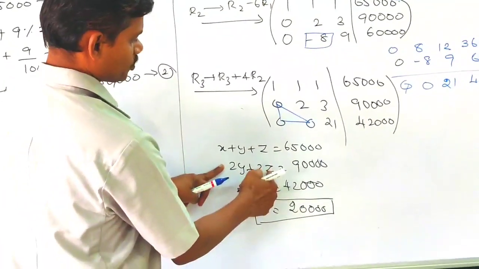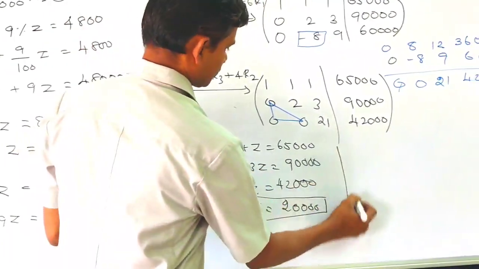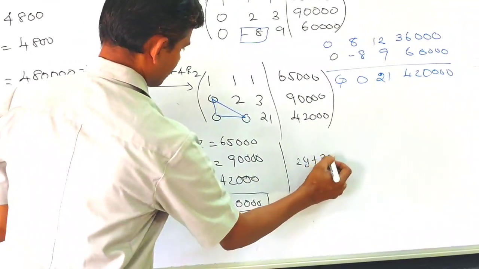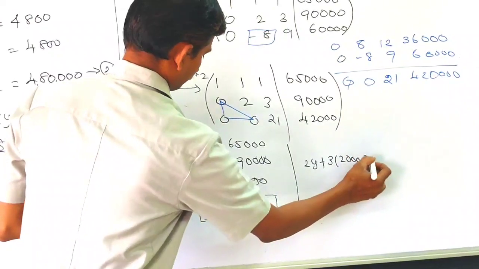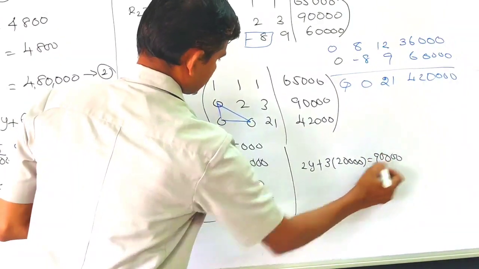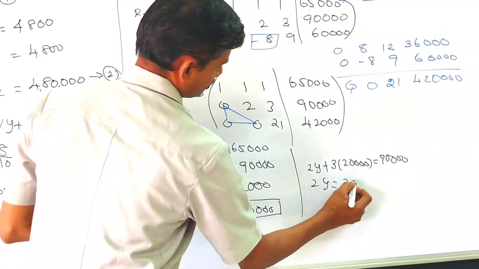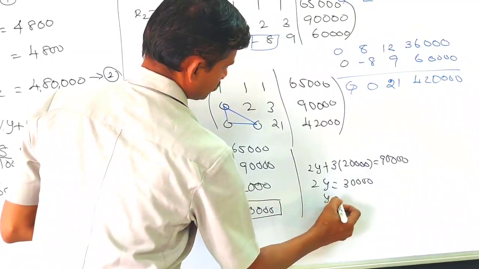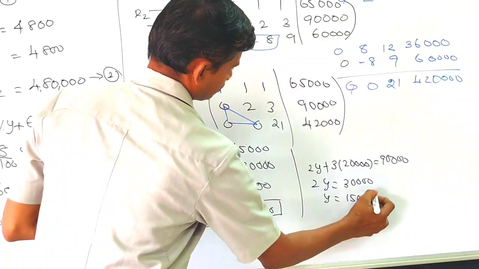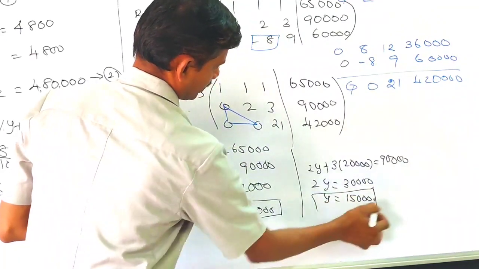If I substitute z as 20,000 in this equation, I will get 2y plus 3 into 20,000 equal to 90,000. Here 2y is equal to 90,000 minus 60,000, which gives 30,000. If we divide this by 2, I will get 15,000. So this is the value of y.